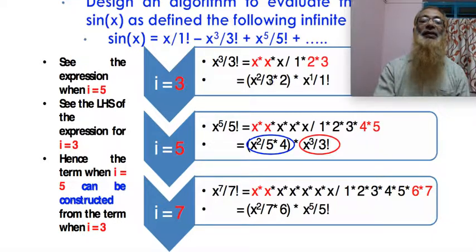In each iteration, this portion will be x square by I into I minus 1. The second portion is just the term we have computed in the earlier iteration.